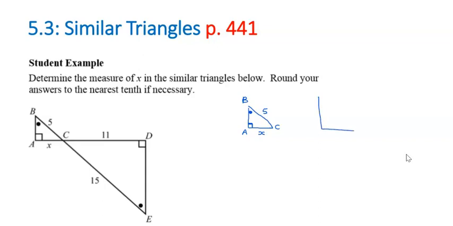Now I'm going to draw the big triangle the exact same way, and I'm going to look at the angles and I'm going to label.